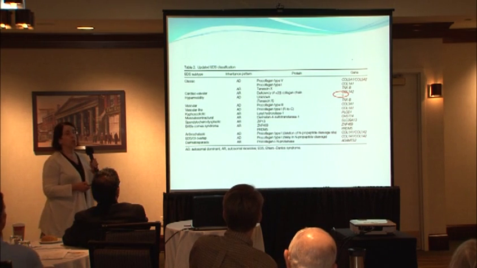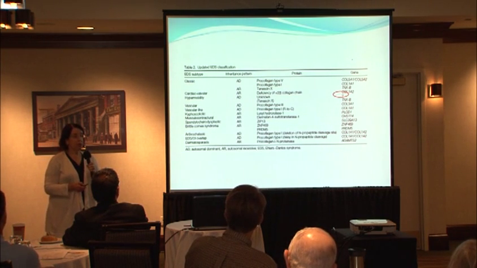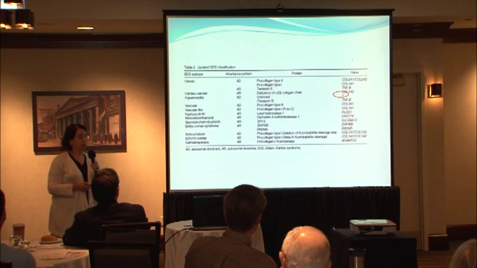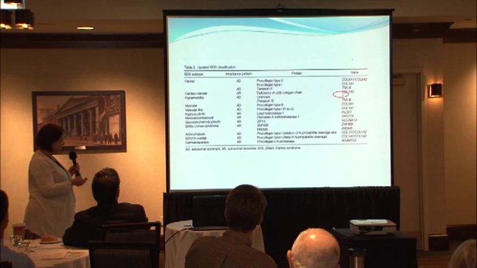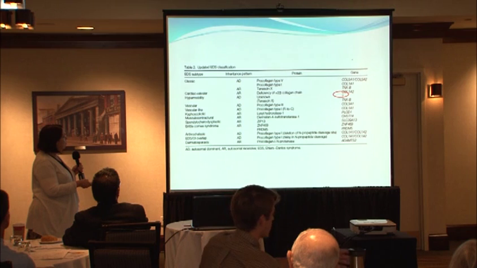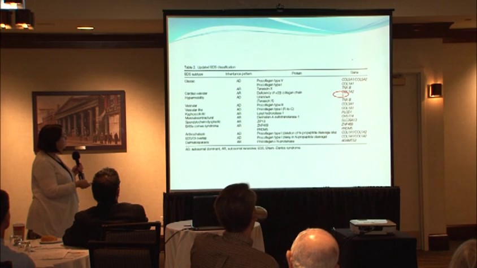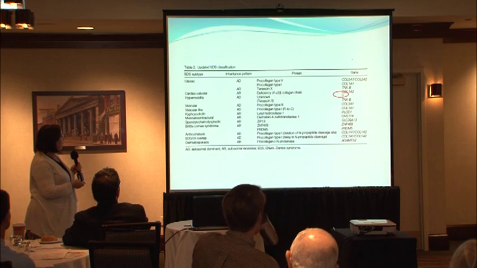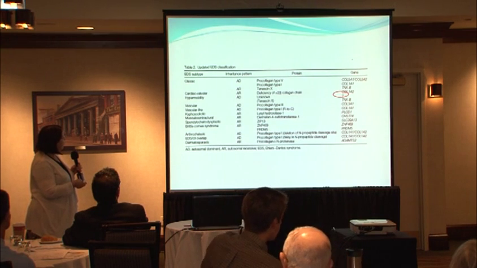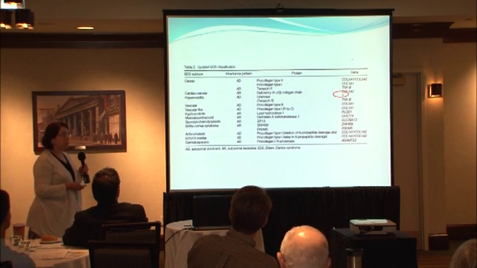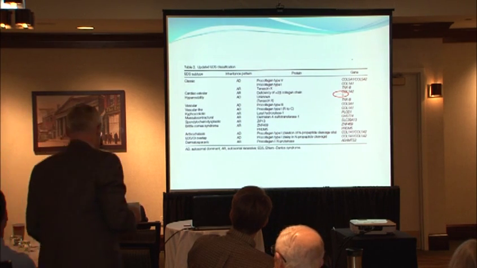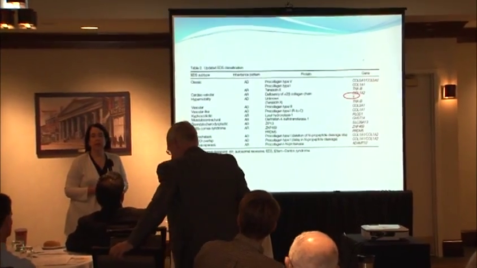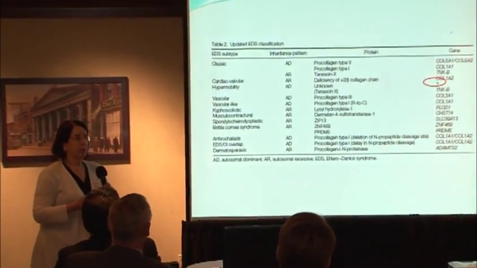There's some additional recently described subtypes of Ehlers-Danlos Syndrome, including this musculocontractural type, which is an autosomal recessive form caused by the CHST14 gene. And all of these that are down here in this list are relatively rare, but we will see them as those of us who are seeing lots and lots of patients with hypermobility encounter additional patients.